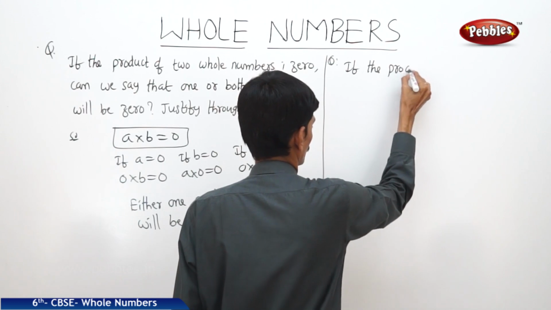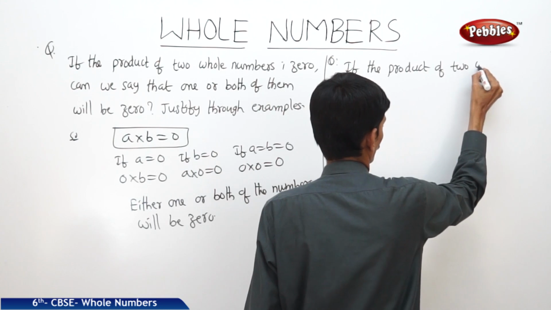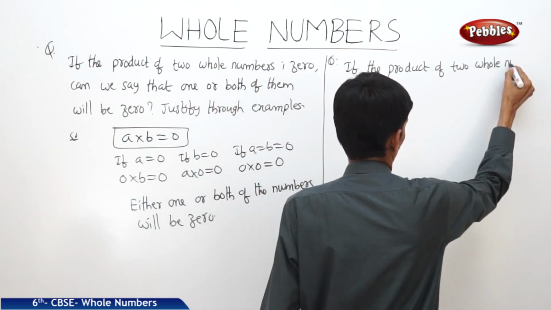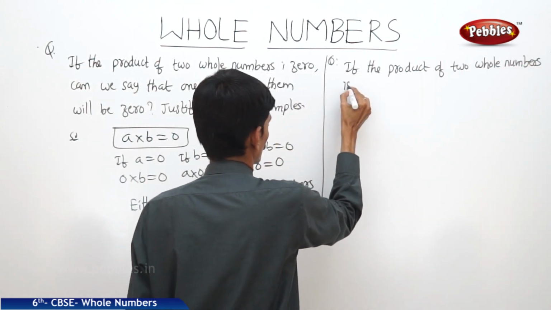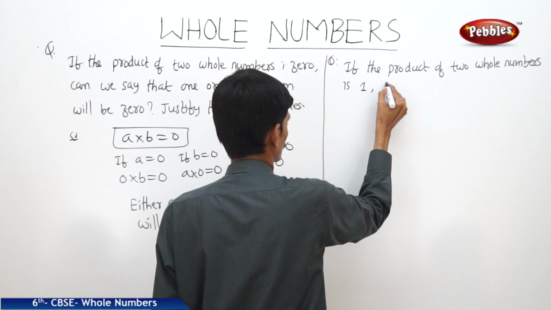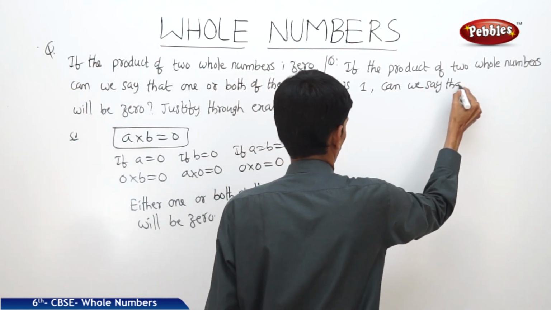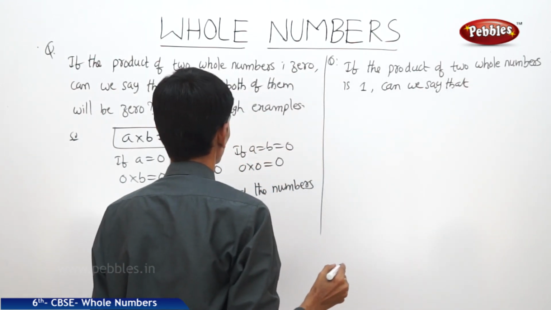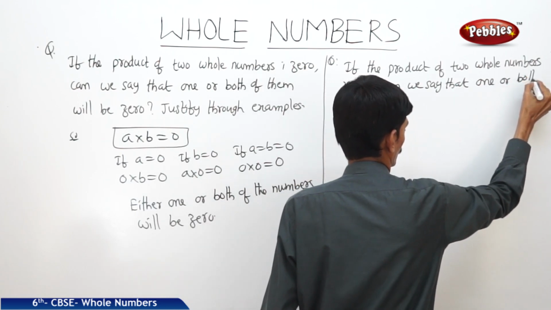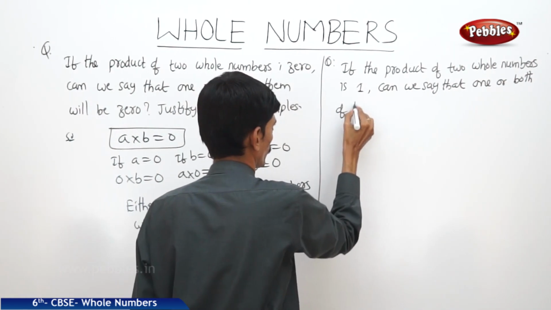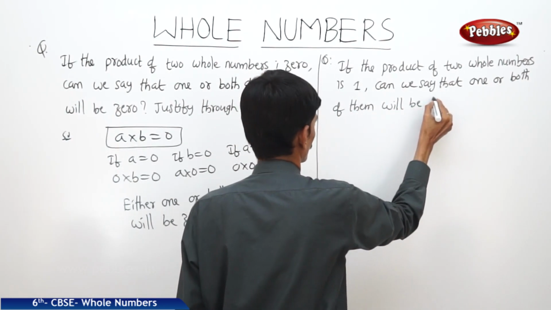Now the next question: if the product of two whole numbers is 1, can we say that one or both of them will be 1?